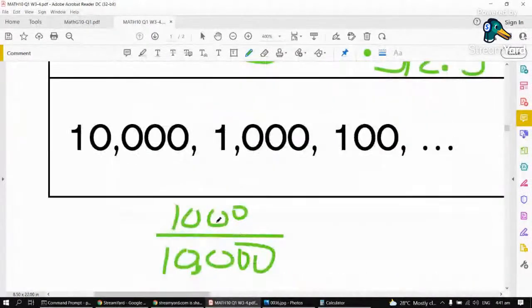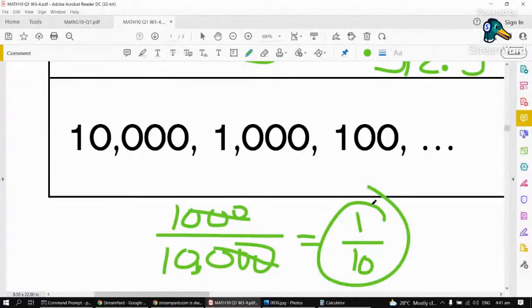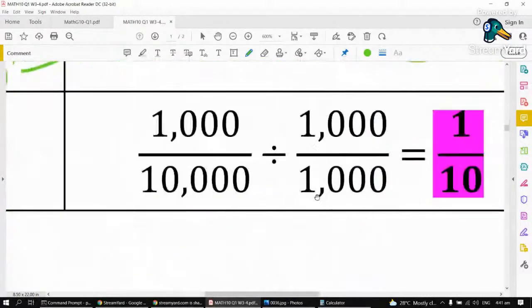So, ang pinakamadali dyan is yung tatlong zero sa taas, i-cancel doon sa tatlong zero sa baba. So, ano na natira? 1 sa taas and then 10 sa baba. So, 1 over 10, yan ang ating common ratio.